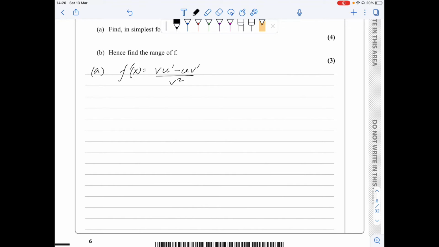In my case, u is equal to 2x plus 3, so u dash is 2, v is (4x minus 1) to the power of a half, so v dash equals 1 over 2 times (4x minus 1) to the power of minus a half times 4, which simplifies to 2 over (4x minus 1) to the half.